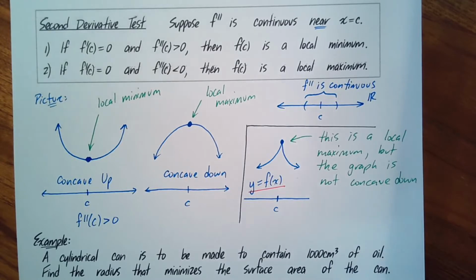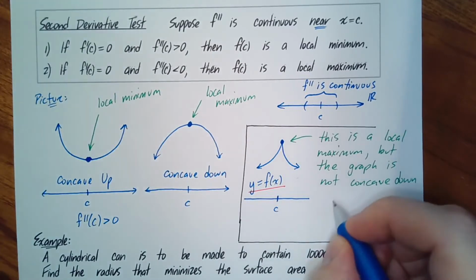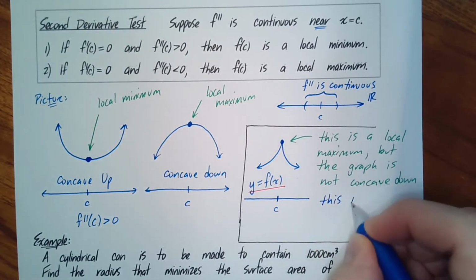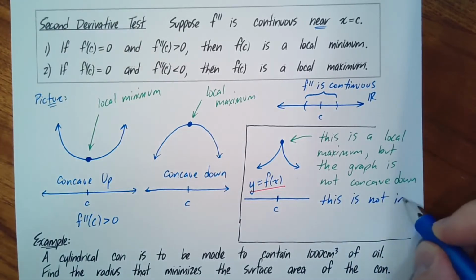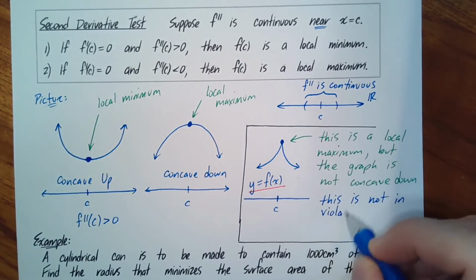I'll stretch this down to give myself a little bit more room. So this is not a contradiction. I'll say this is not in violation of the second derivative test.